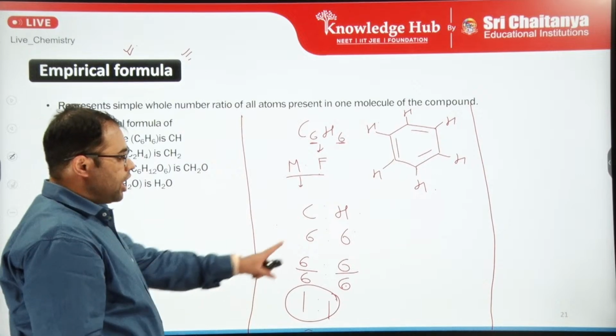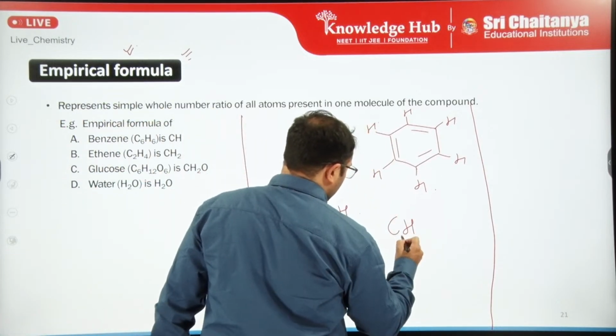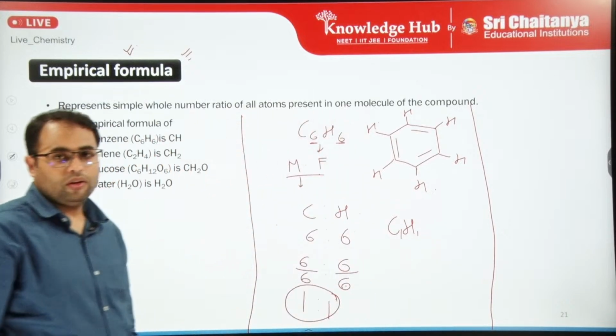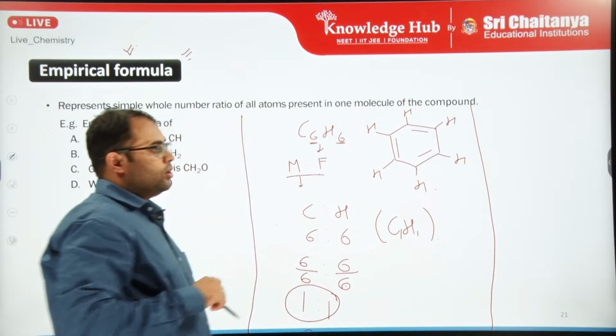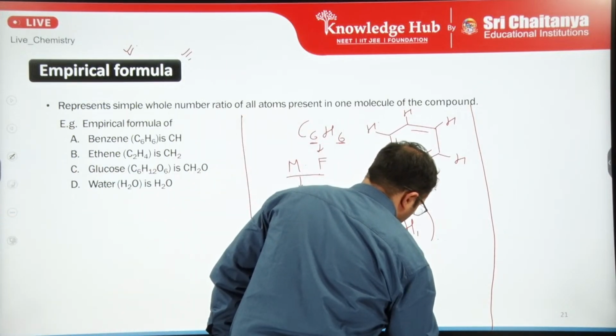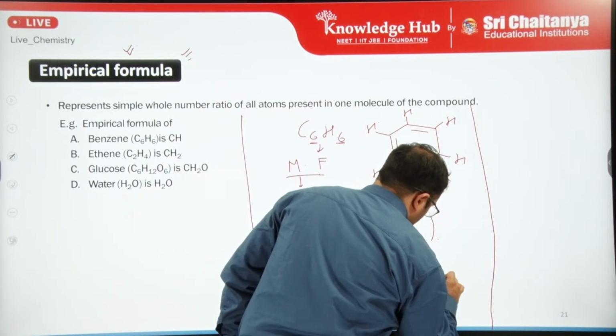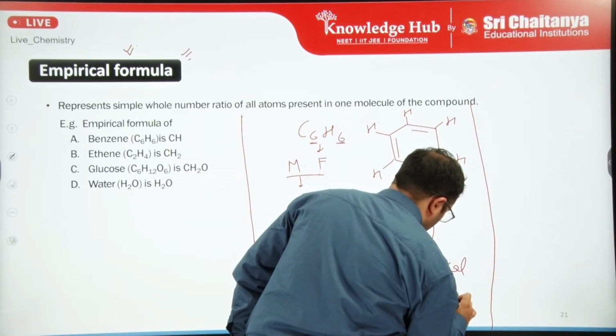So if the ratio of carbon to hydrogen is 1:1, I can write it as CH, C1H1. This simplest whole number ratio formula is called your empirical formula.